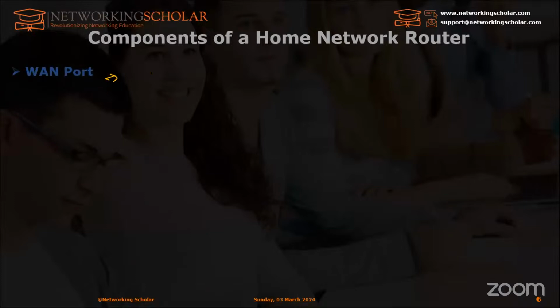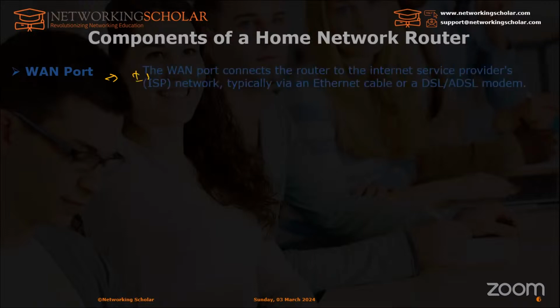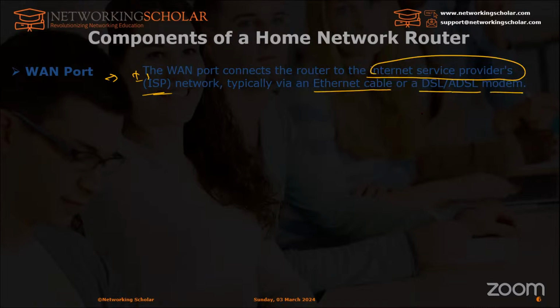The WAN port is used to connect the router to the ISP, the internet service provider, typically via an Ethernet cable or a DSL or ADSL modem. In the first session you saw DSL routers and ADSL routers; using those, the WAN port works.